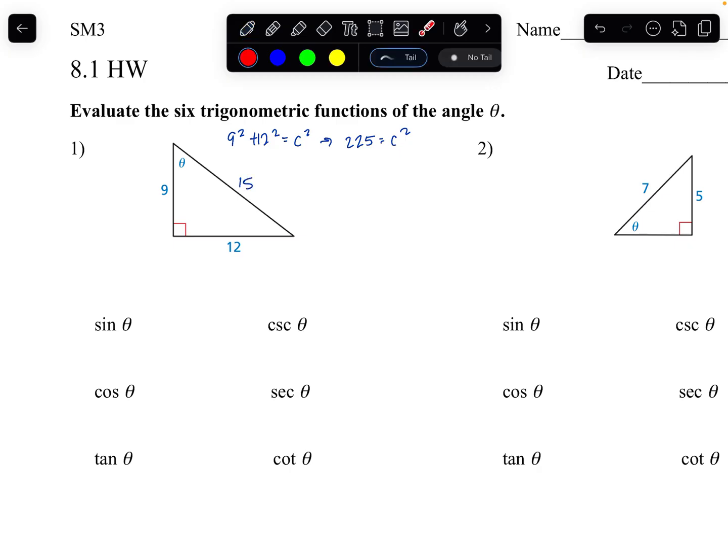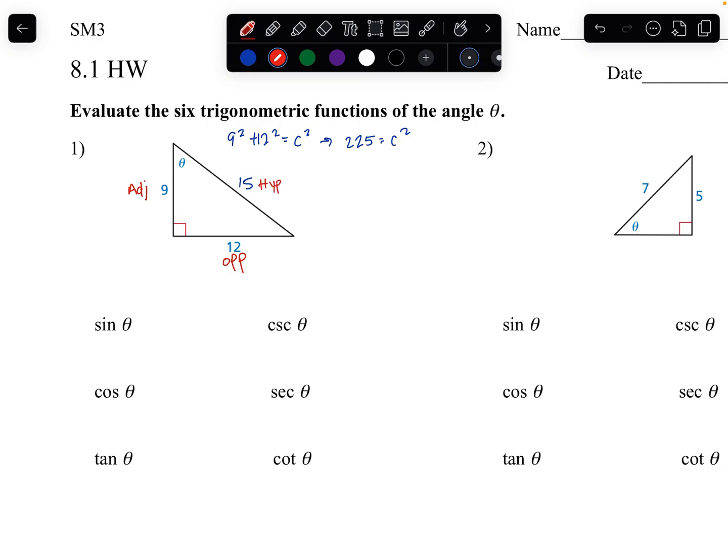And then we're using theta as our angle. And sine of theta, well, if this is the theta angle, then this side is the opposite to theta, and this side is the adjacent to theta, and this is the hypotenuse.